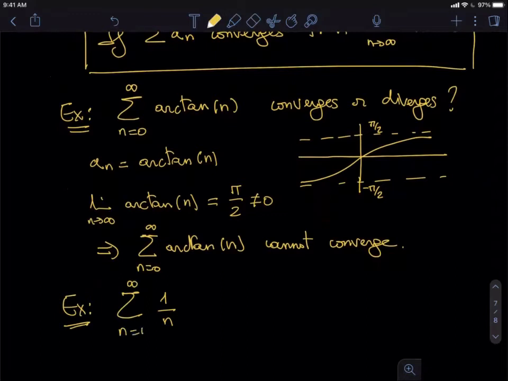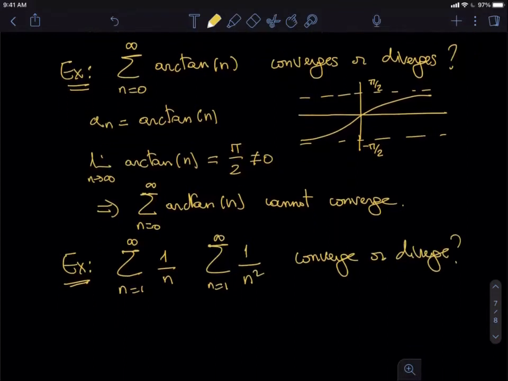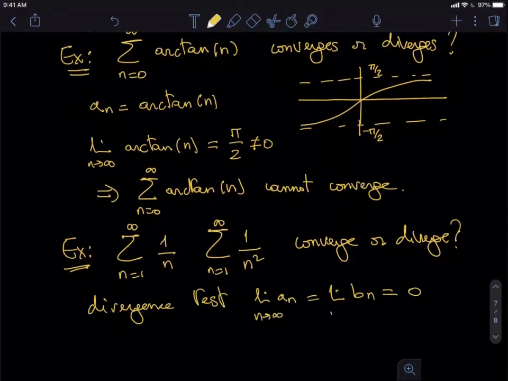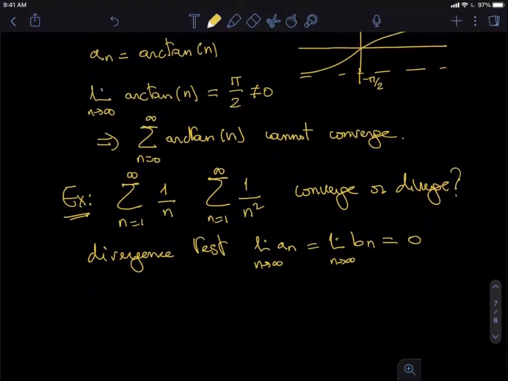For example, if I have the sum from n equals 1 to infinity of 1 over n, and of 1 over n squared, do they converge or diverge? The divergence test is not useful because in both cases the limit is 0, but it's not saying anything.